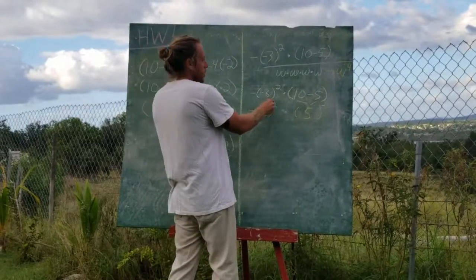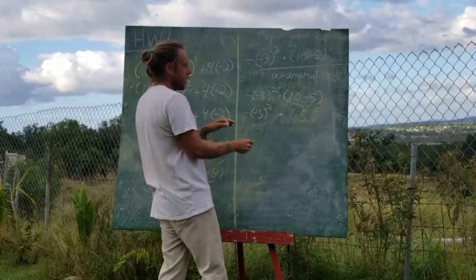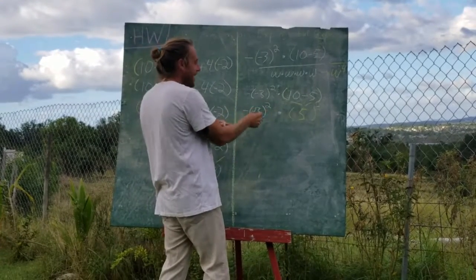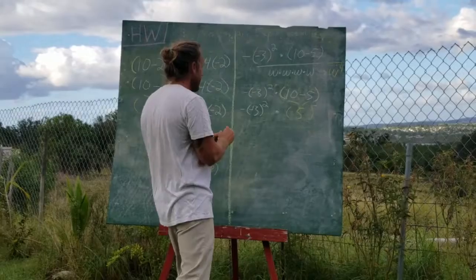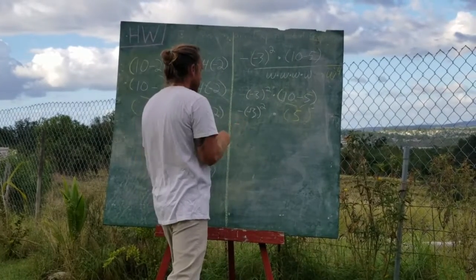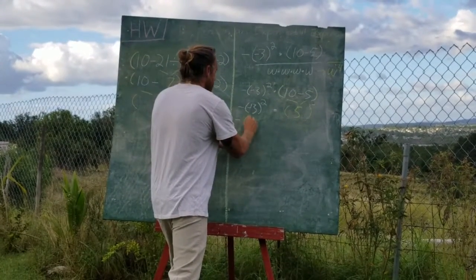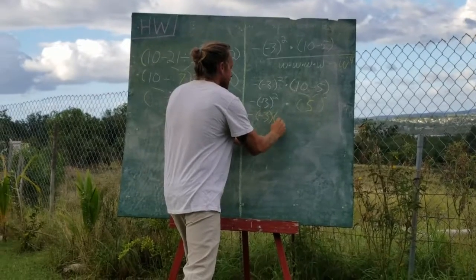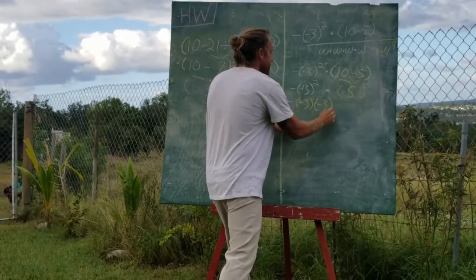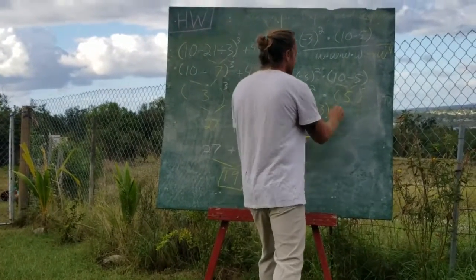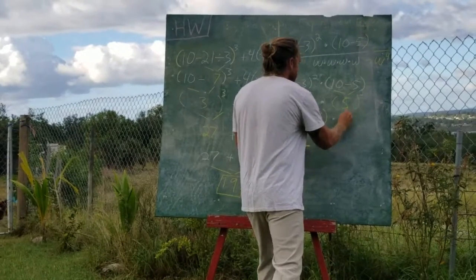So we're taking 2 factors of what? Well, -3. So let's go ahead and write that out. We have -3 times -3, and then times, of course, our 5 from before.